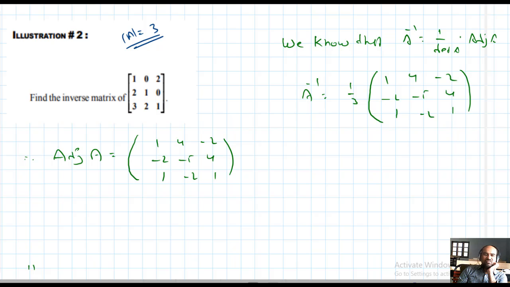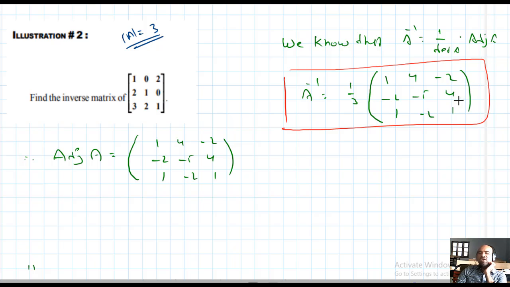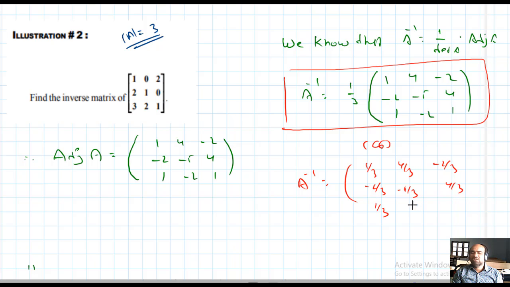You can leave it, this is the inverse only. Or sometimes you can multiply with 1 by 3, that is not a big problem. Or A inverse equals 1 by 3, 4 by 3, minus 2 by 3, minus 2 by 3, minus 5 by 3, 4 by 3, 1 by 3, minus 2 by 3 and 1 by 3. So this is the inverse of the given matrix.